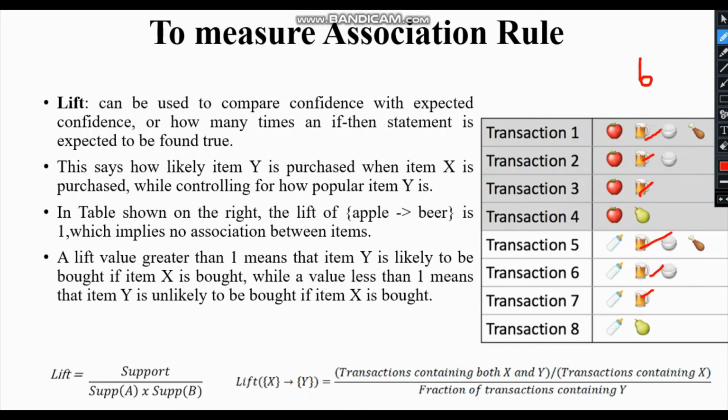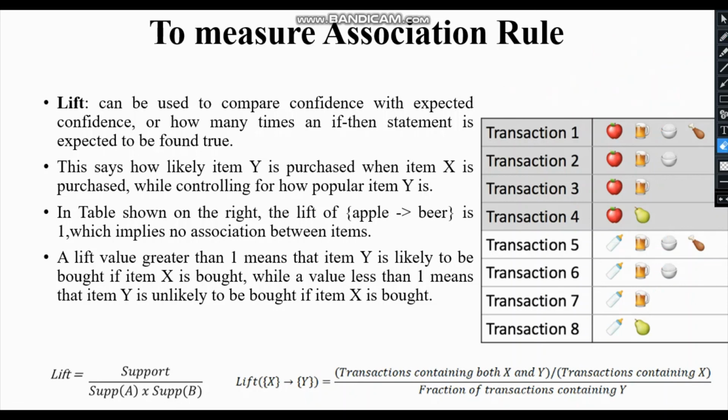So 6 by 8 is your beer item Y, and your item X was 3 by 4. Both actually give you 0.75 divided by 0.75, which is equal to 1.